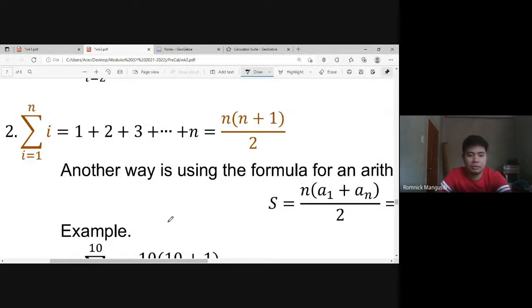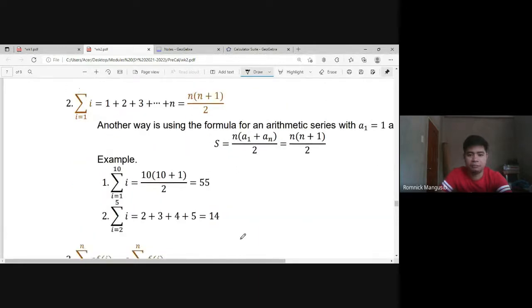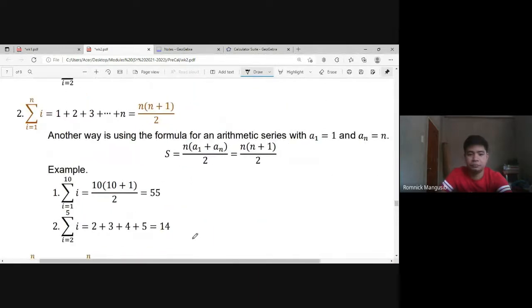Okay. Ito ang gusto ko namang i-clarify sa inyo. Though sinabi ko din ito during the telecon, tingnan niyo ang pagkakaiba ng dalawa. Yung isa nag-start sa 1, yung isa nag-start sa 2.